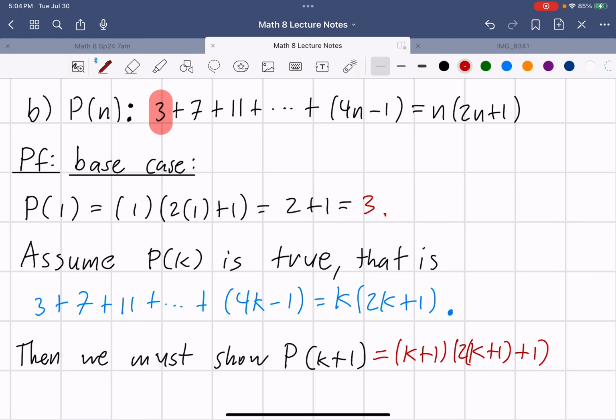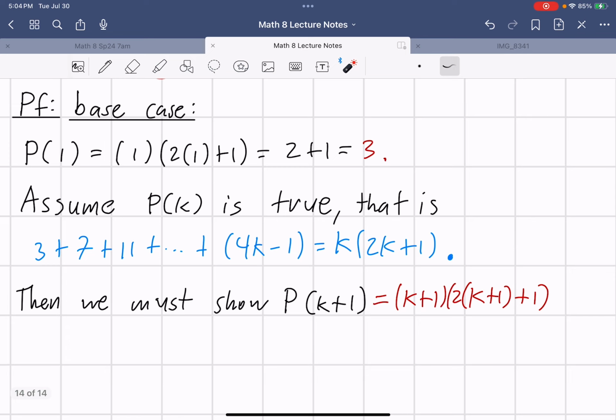So this is what I'm trying to show here. That means we're going to rewrite this, right?